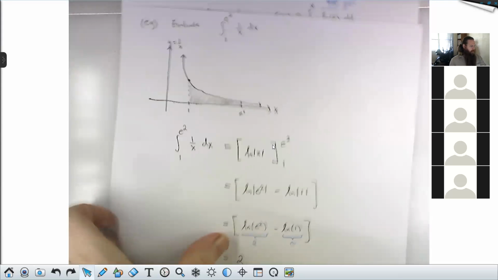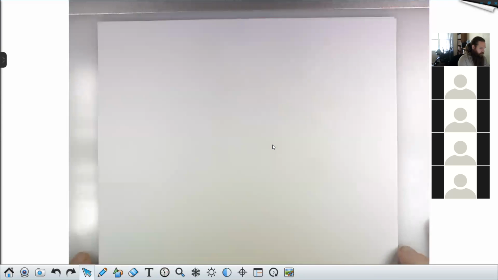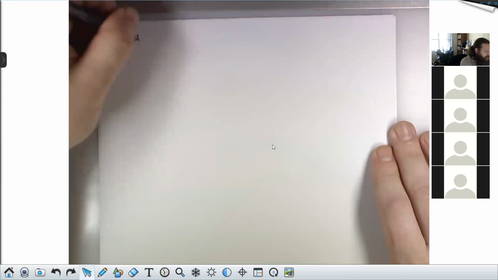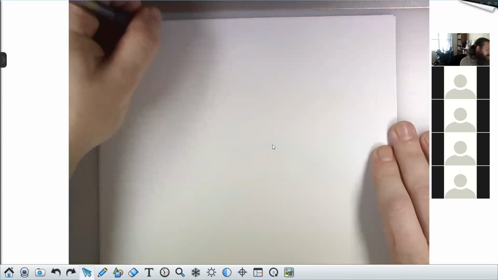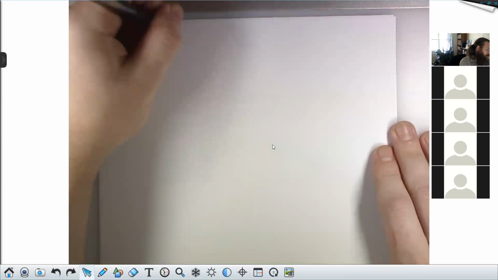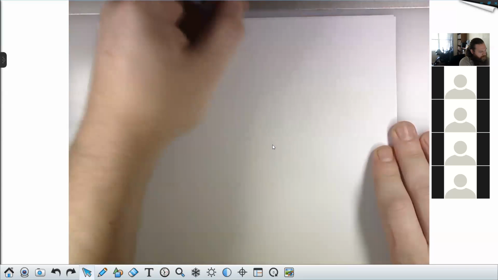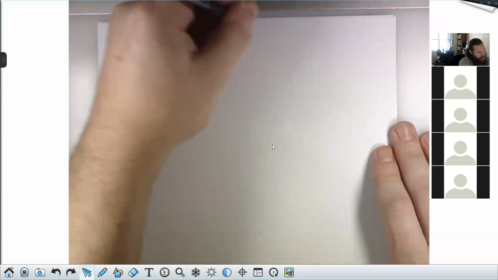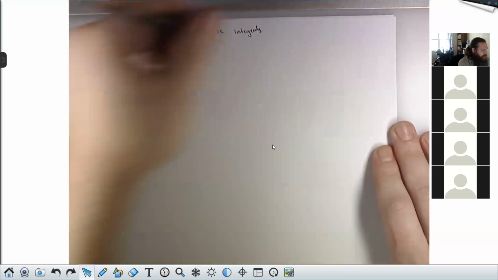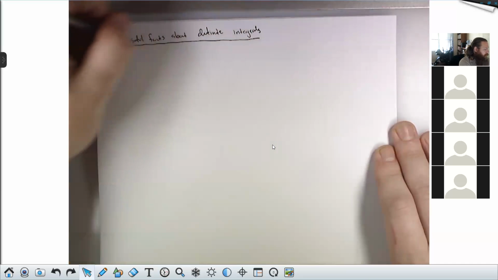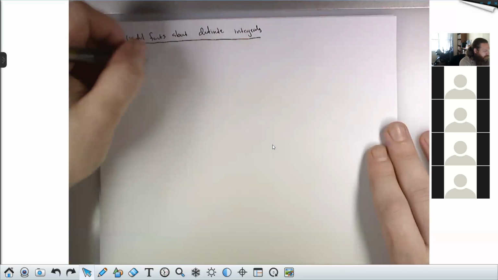Let me make a few more little comments on the definite integral before we ramble away. So some things that are useful to remember. Some of these are things I've shown you in the past, but I just want to remind you.